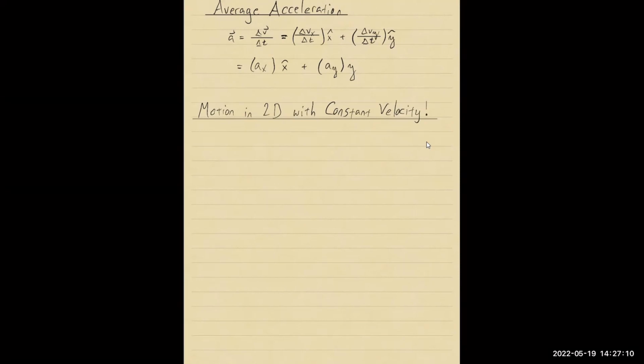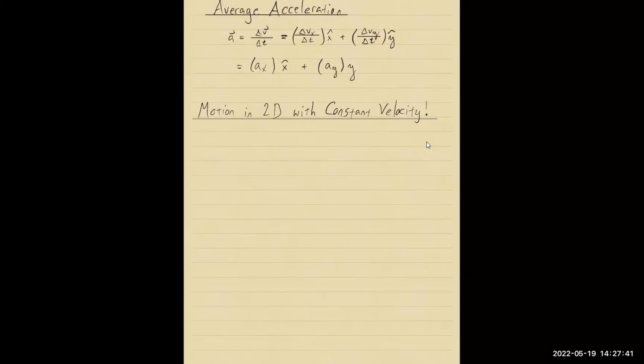But what does it mean for a vector quantity, like a velocity, to not change? Well, we know that velocity, being a vector, has both a magnitude and a direction. So what this means is the magnitude of the velocity can't change. It can't be going faster and it can't be slowing down, because otherwise that would mean there was acceleration. And also its direction can't change.